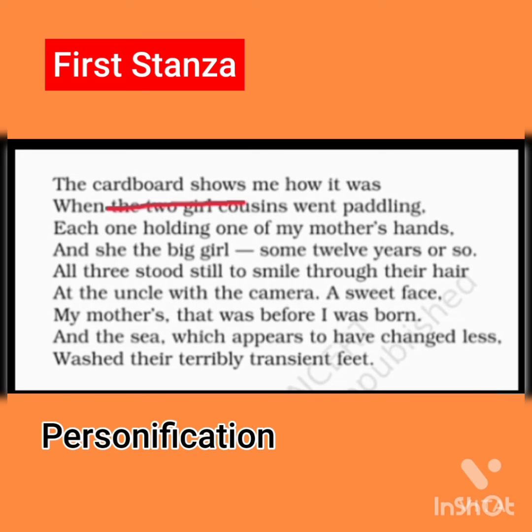She gives the cardboard the ability to show. So personification means it provides a human quality in the poem. It is a non-living thing over here, the cardboard, and it has been given some human quality.